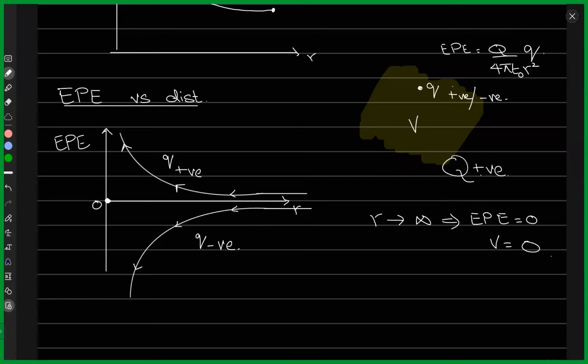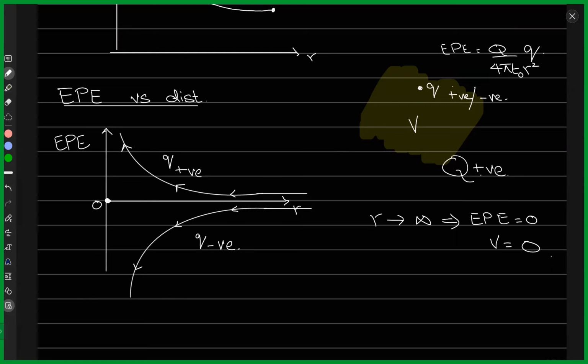And it's not only in the case of electricity. Even when we studied gravitational potential energy, we said that gravitational potential was essentially the work done in bringing a unit mass from infinity to any point in the gravitational field. And the same is the case over here.